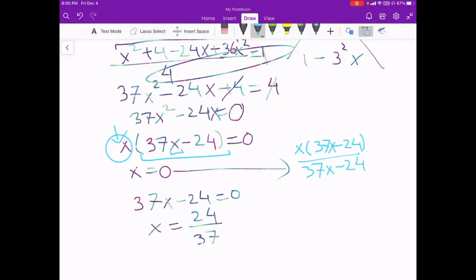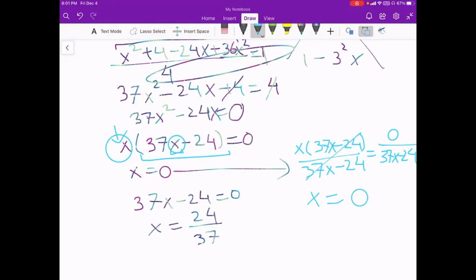minus 24. So now, if you divide both sides by that, you should notice something. On this side they cancel out, and x is equal to 0 because 0 divided by anything is 0. Now that you have solved for one of the x's, you should solve for the other x that's encapsulated between the parentheses.